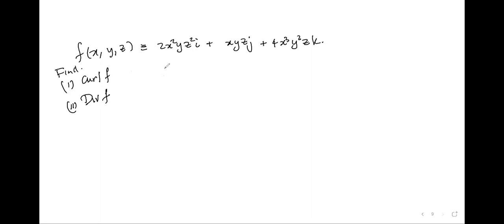So our curl: i, j, k, 2 x squared y z squared.